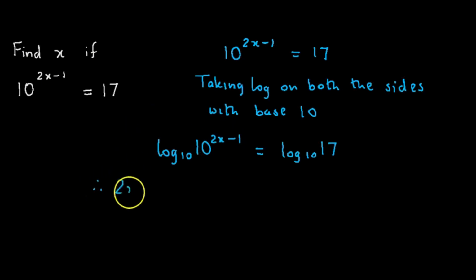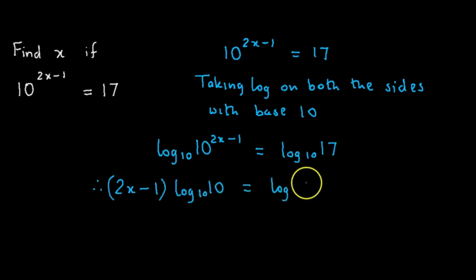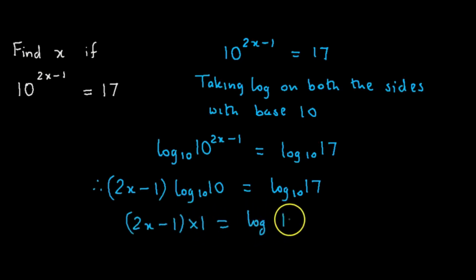So therefore 2x minus 1 into log 10 to the base 10 is equal to log 17 to the base 10. अब log 10 to the base 10 होता है 1, log a to the base a is 1, तो ये जाएगा 2x minus 1 into 1 is equal to log 17 to the base 10.